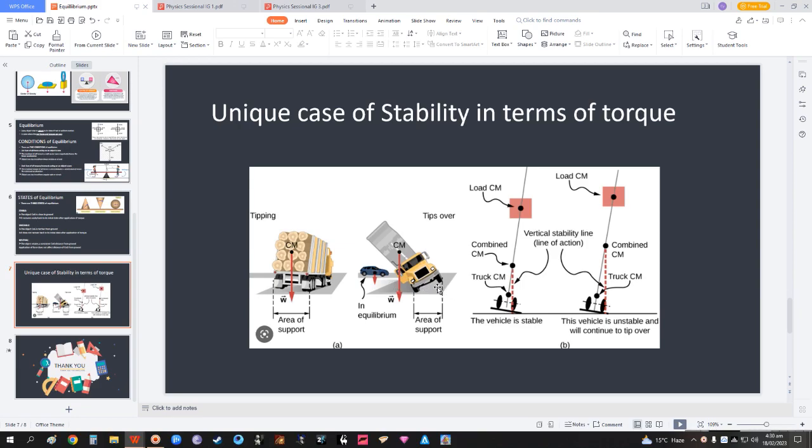So we need to understand, when we're discussing the system of masses, things are a little different. We need to draw the center of masses of all different parts of the assembly. Each mass is supposed to have its own center of mass, and we then try to evaluate the combined center of mass where it is supposed to be.